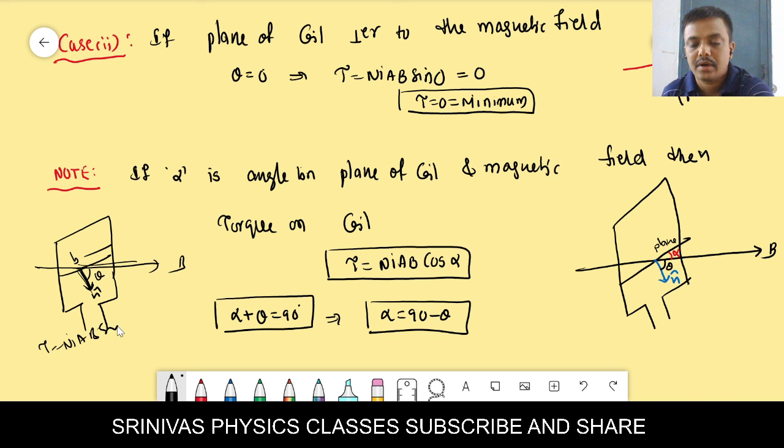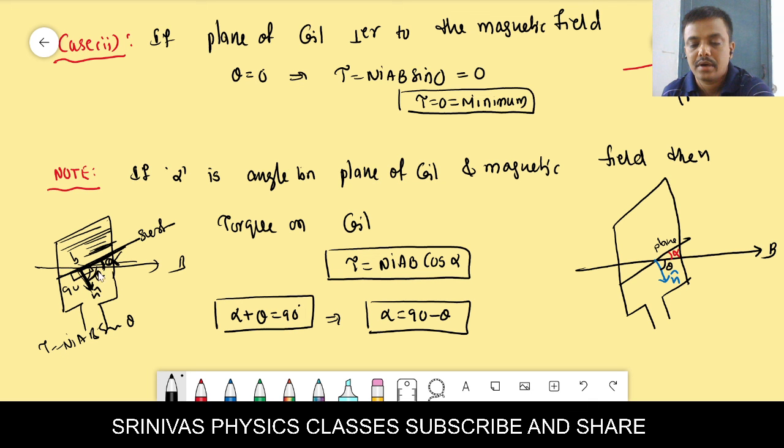If they give the angle between the plane and the field, this is the plane, meaning surface, if they give alpha, and you want the torque in terms of that, then from the figure, this alpha plus theta, between the surface and the normal to the surface, the total angle is 90 degrees.